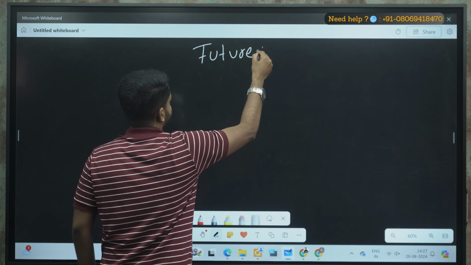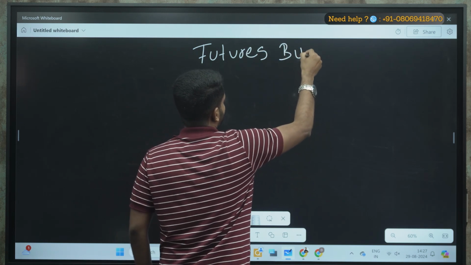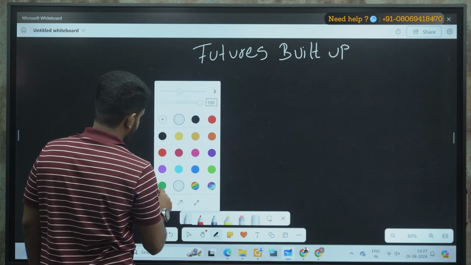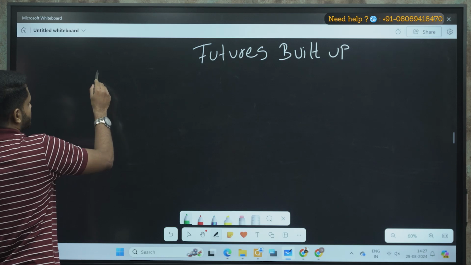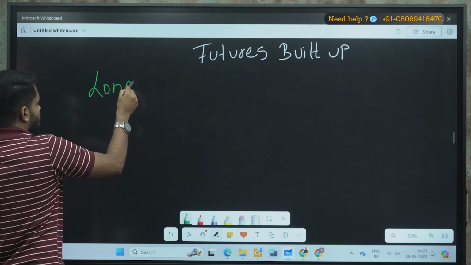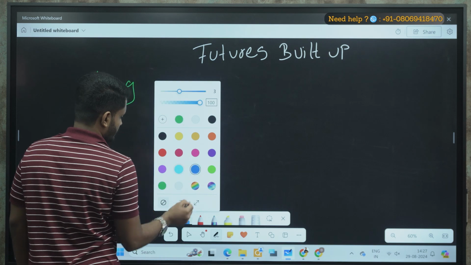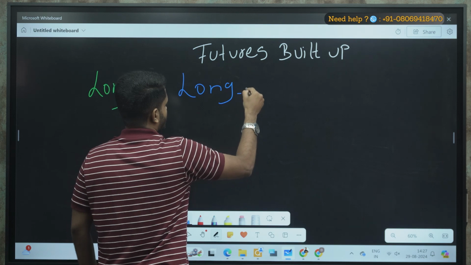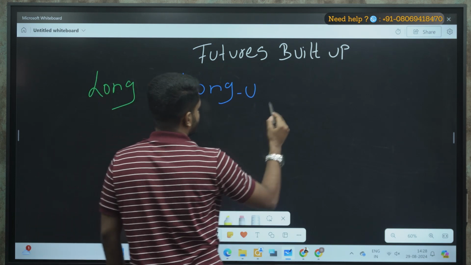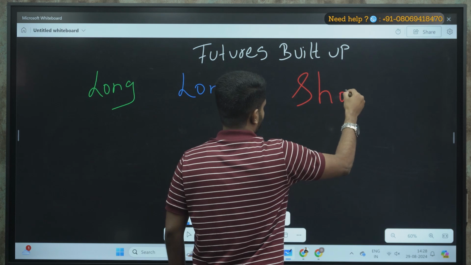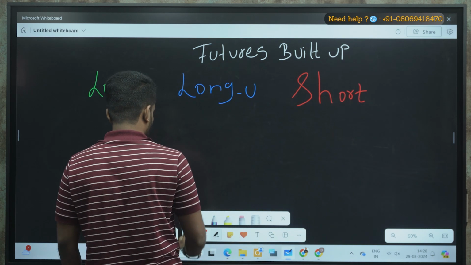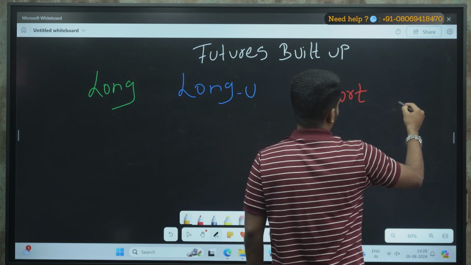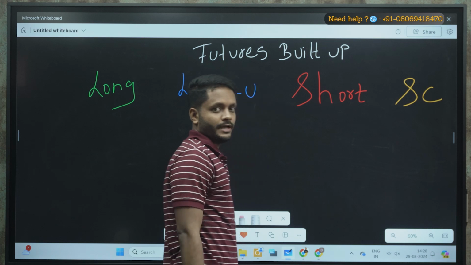Futures build up. In futures build up, first is long build up, second is long unwinding, third is short build up, and fourth is short covering, that is SC.